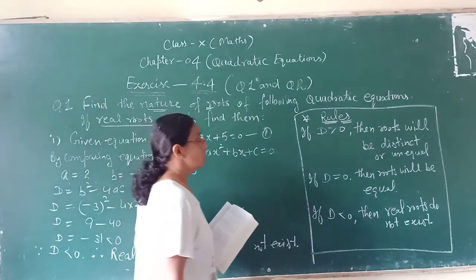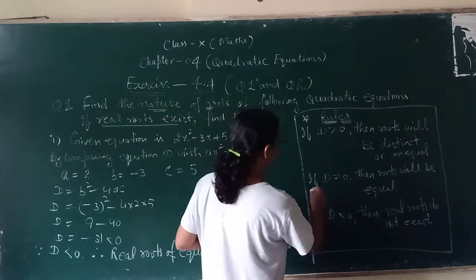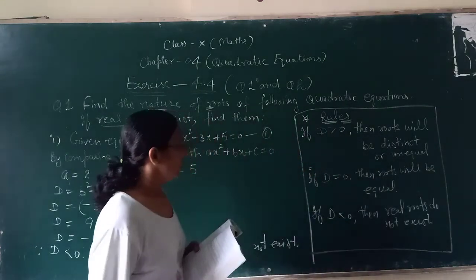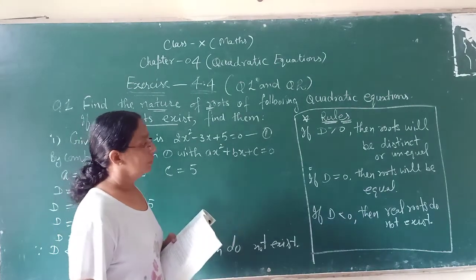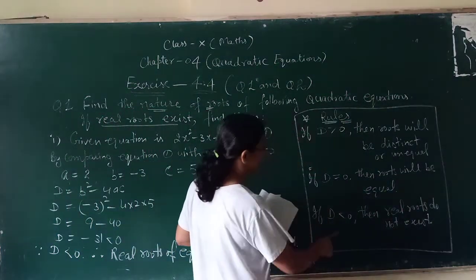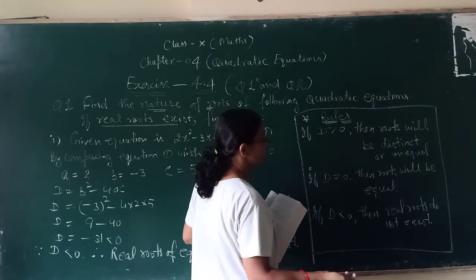If D is equal to 0, the second condition, the roots will be equal. If D is less than 0, then real roots don't exist.